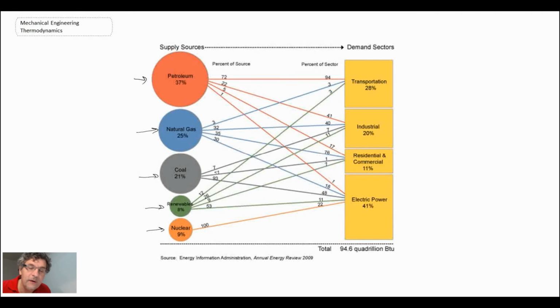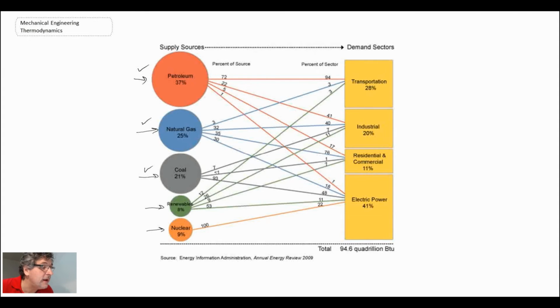But I want to look at the ones that involve chemical reactions. Petroleum will involve a chemical reaction because we would have to combust the petroleum. It would be in the form of gas or diesel. Natural gas would be combustion, and coal would be a chemical reaction, combustion.